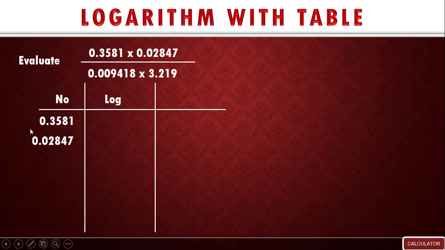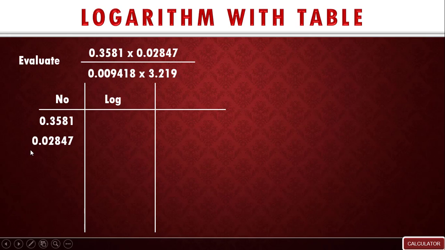But before that, check the numbers and ask yourself if the number is less than 1 or greater than 1. If you look at this number, it is less than 1, so if we use our calculator to look for the logarithm of these numbers, we're going to get a wrong answer.